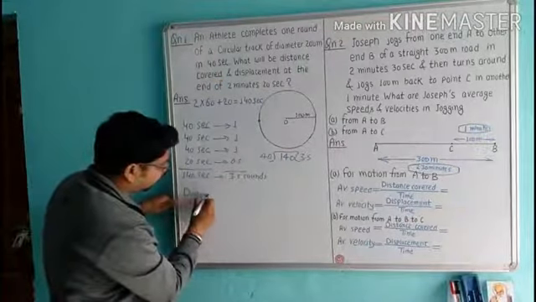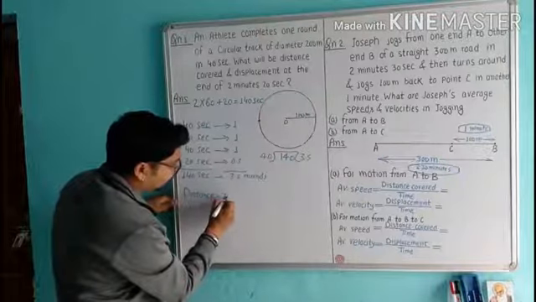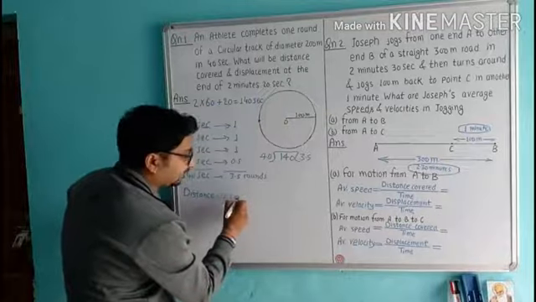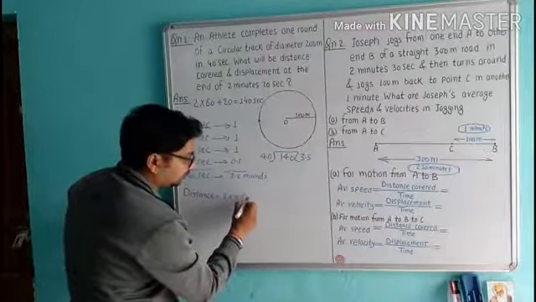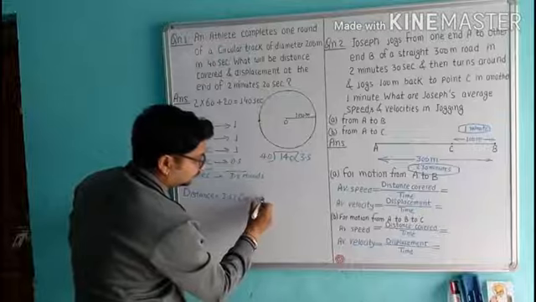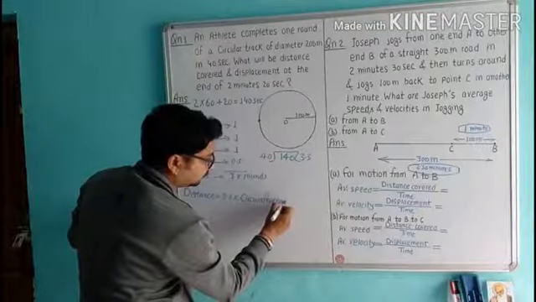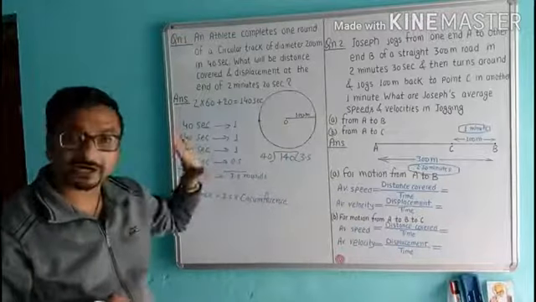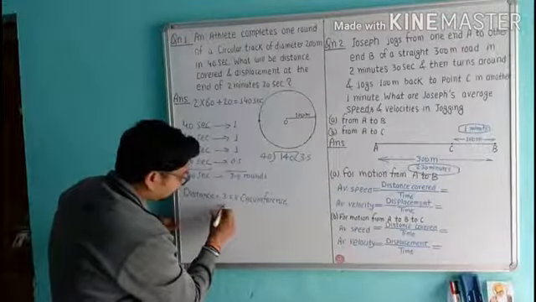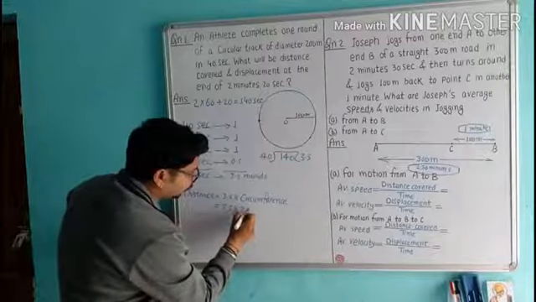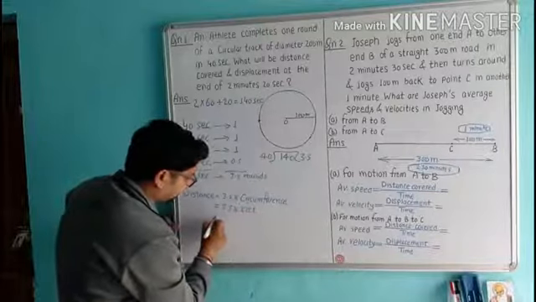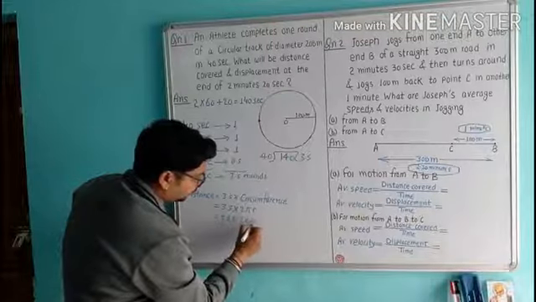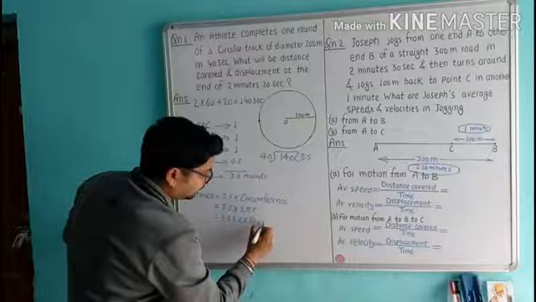That means 3.5 times the circumference, 3.5 into 2 pi r. 3.5 into 2 into 22 upon 7 and radius is 100 meter.